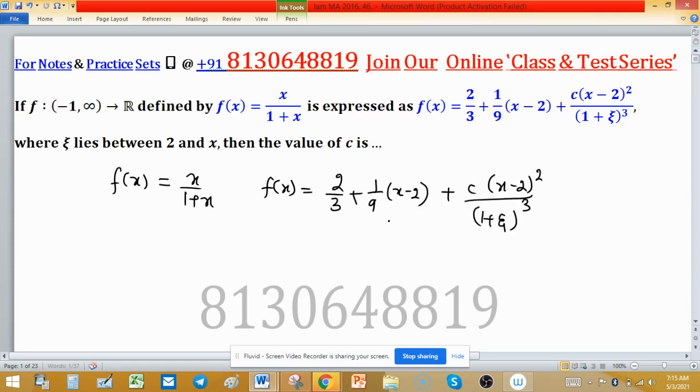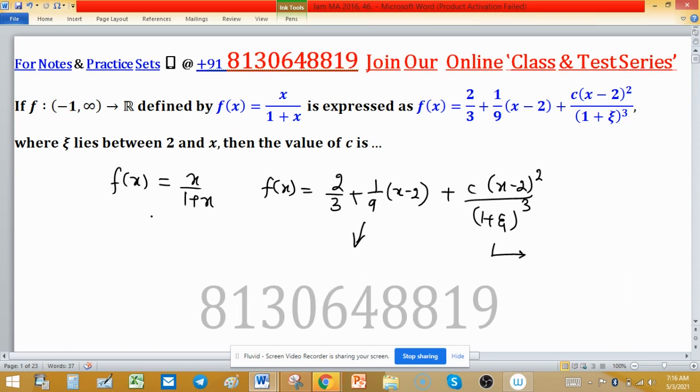You can see this type of format is obtained when we apply Taylor's theorem on the function around a certain point, and this is the remainder term. We applied the Lagrange form of remainder up to 3 terms in Taylor's theorem. For Taylor's theorem, remember we can express any function in the form of a polynomial structure.